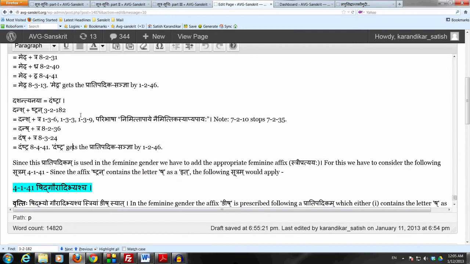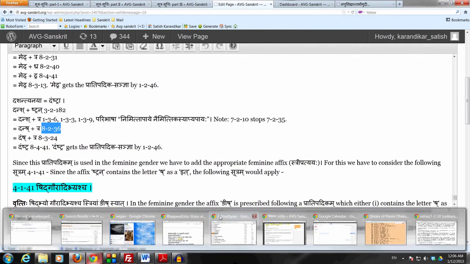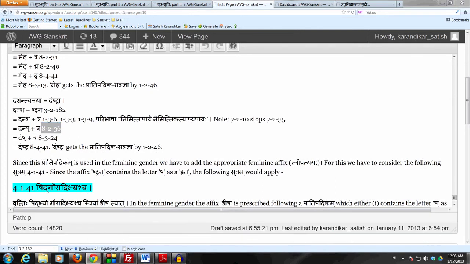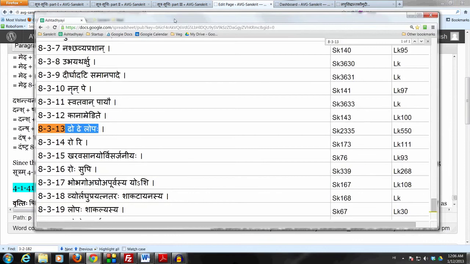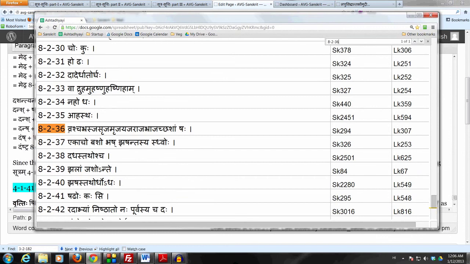Now we do the sandhi operations. So we bring in the murdhanya shakara adesha in place of the talavya shakara by vrashcha bhrasja srija mrija yaja raja bhrajachhashAm shah. So the talavya shakara takes the murdhanya shakara adesha. Jhali padante. So in this case we have the jhal letter, which is the takara of the affix shtran, which is following.